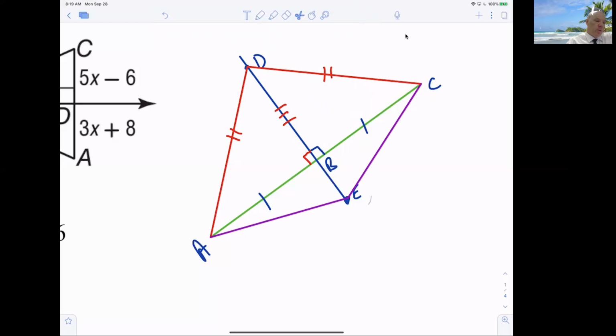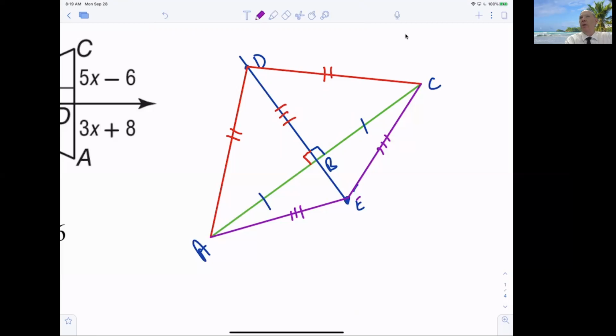Now, someone want to tell me what's true about that? Go ahead. AE, again, is congruent to EC. What do you think? Exactly correct.